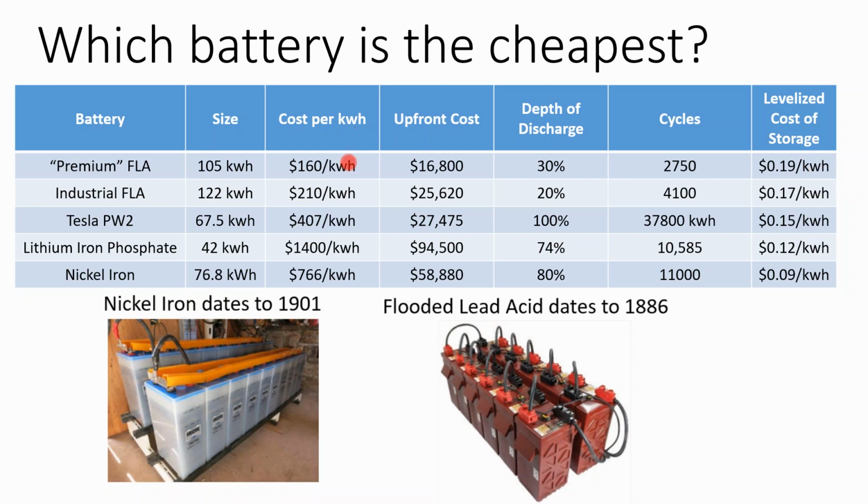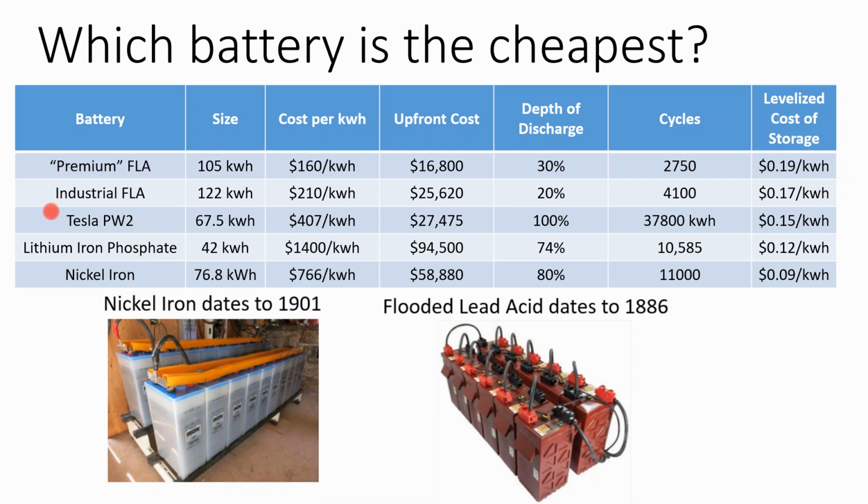And so the cheaper upfront cost lead acid battery costs more in the long run to cycle than the more expensive lead acid technology, that costs less to cycle. So in other words, you spend more money on a more expensive battery within the same chemistry type, and then at the end of the day, it saves you money.